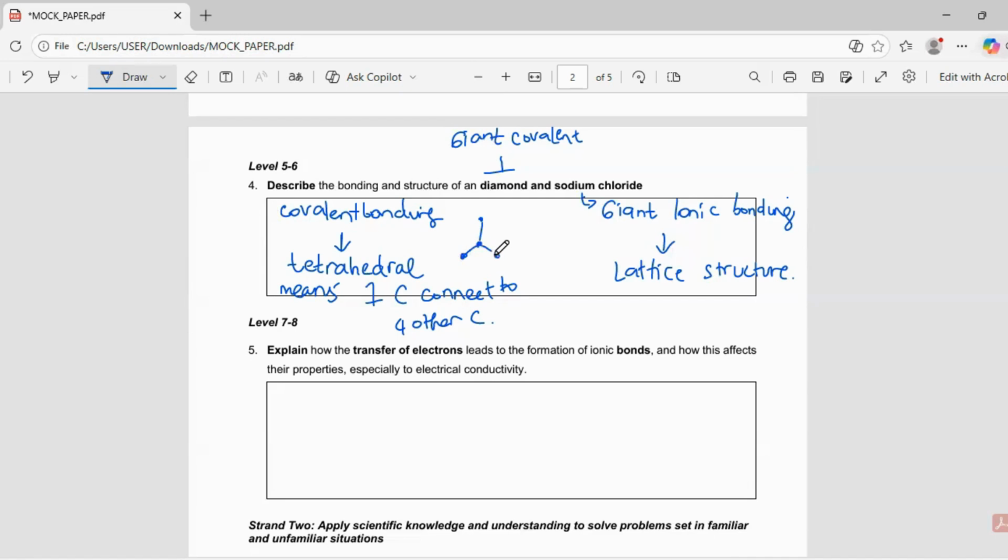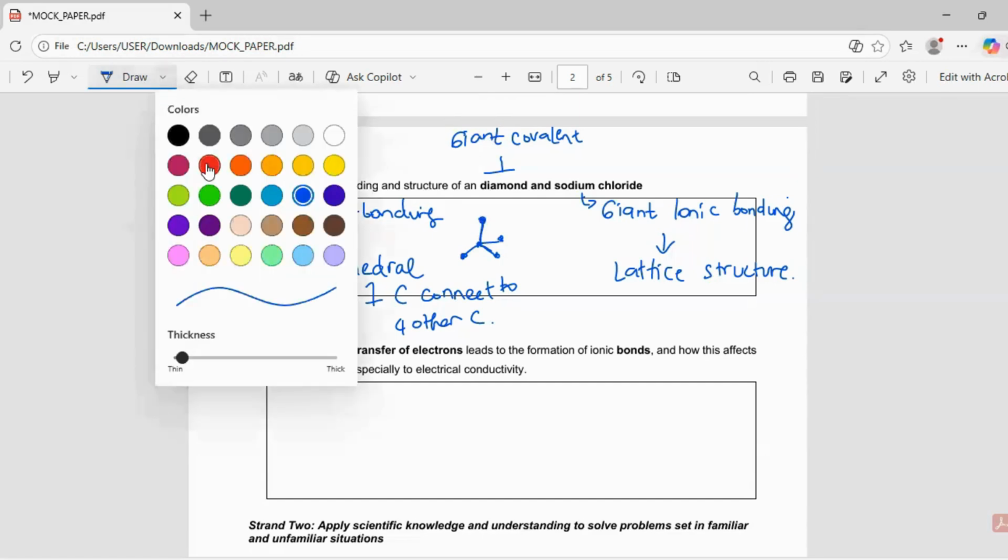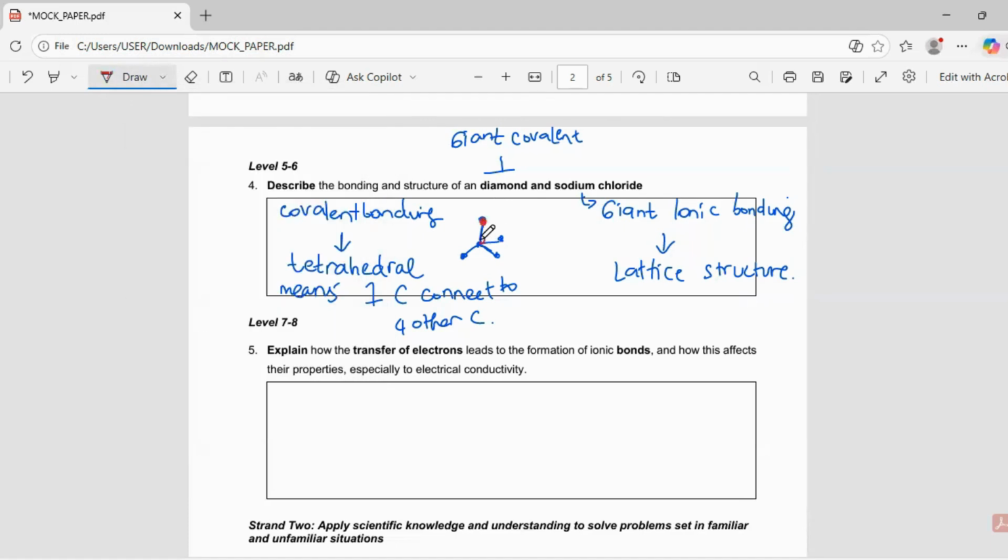The ball here is actually carbon. So each carbon connects to four different carbon, and it will make them very strong because this one is a rigid structure. Not to mention that the bonding between atoms is very strong. The red one is carbon.